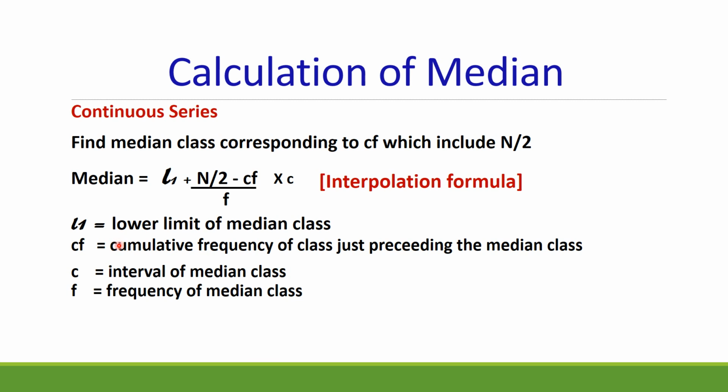Cf is the cumulative frequency of the class just preceding the median class, the cumulative frequency of the class just before the median class identified. C in the formula is the interval of the median class. And then as usual, f is the frequency of the median class.